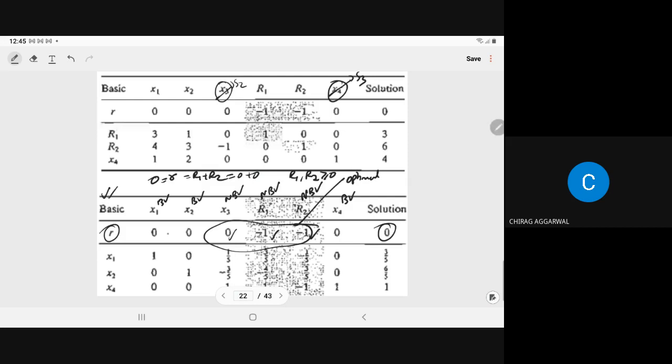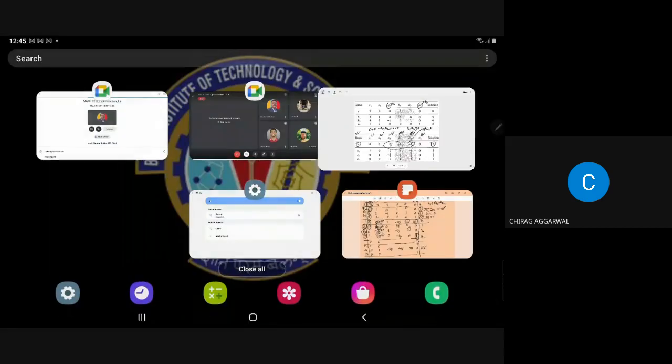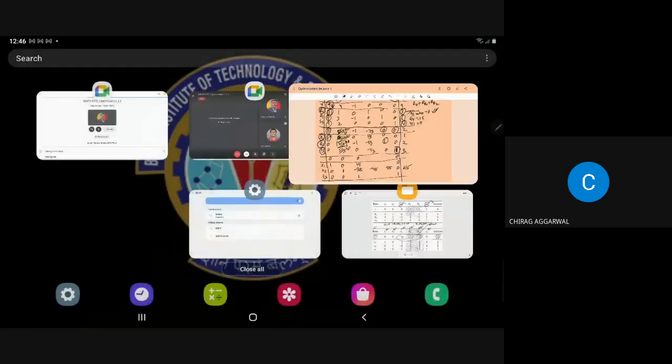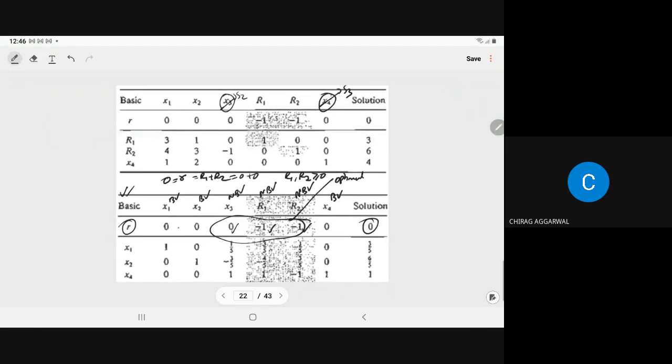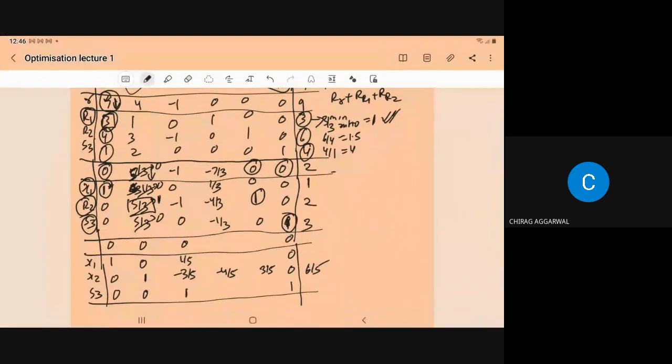So 0, 1 by 5, minus 3 by 5, and 1. Then we have minus 1, 3 by 5, minus 4 by 5, 1.